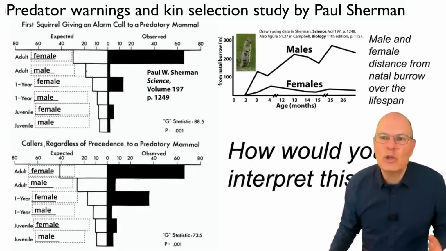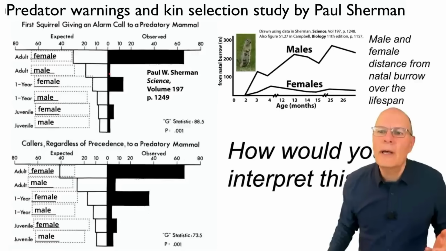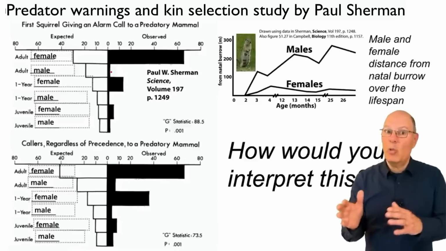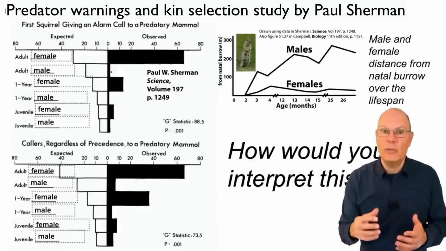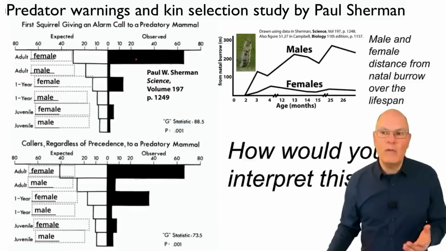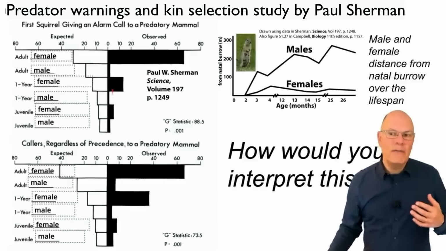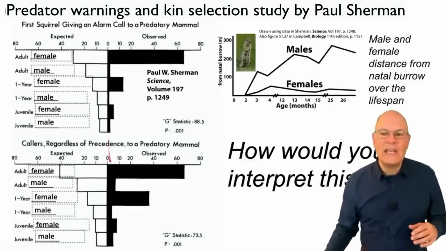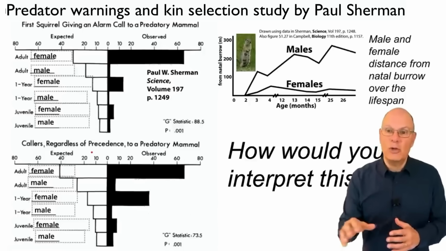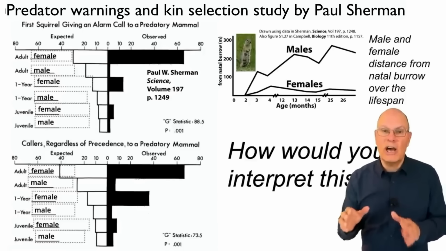Males represent about 20% of the population, but they don't even call 5% of the time. So males are way underrepresented in terms of their taking the risk to call, whereas the females are way overrepresented, and that's true of every age class, and that's also true of callers in general, not just the first call, but callers regardless of precedence.